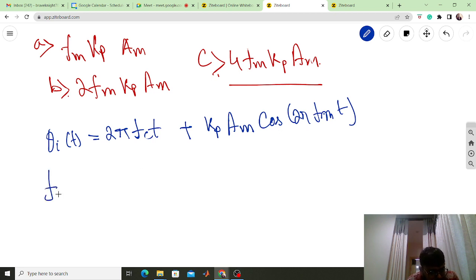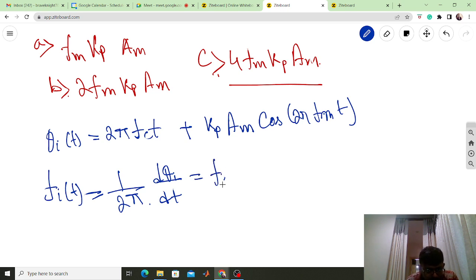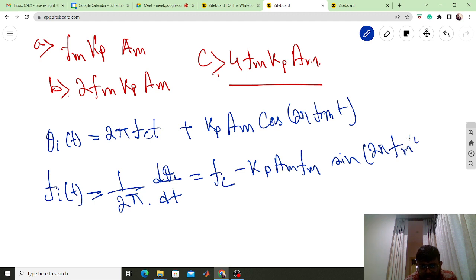So frequency can be written as 1 by 2 pi d theta i dt, that is equal to fc minus kp Am fm sin 2 pi fm t.